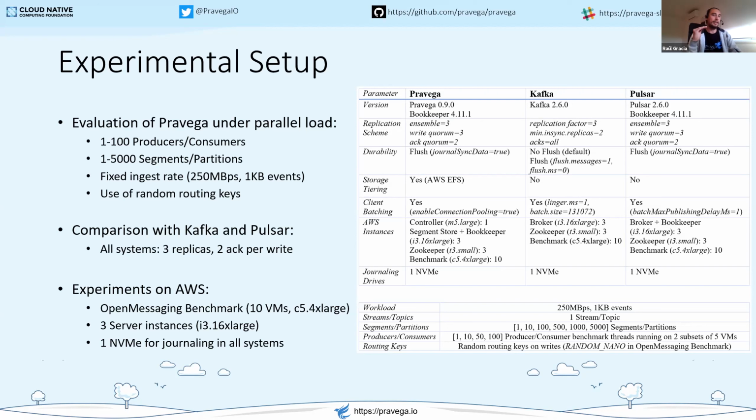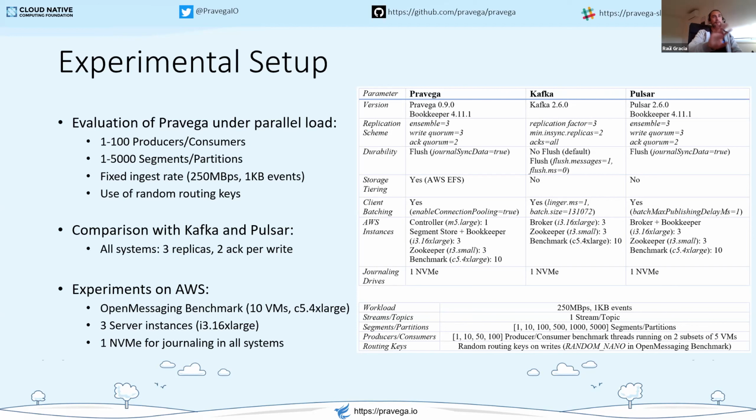So we fix the throughput and change the parallelism of the same workload to see the impact of that in the different systems. Another important point is that we used routing keys, chosen at random when writing data to the storage systems. And of course, we compare Pravega against the same workload for Kafka and Pulsar.